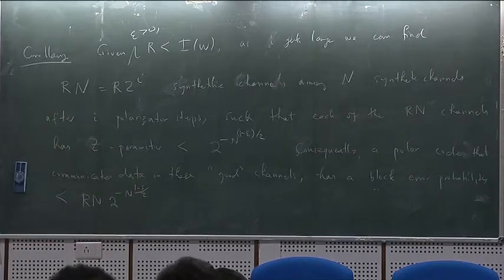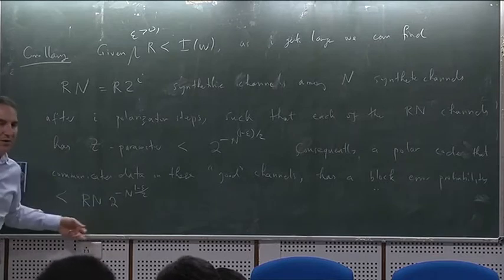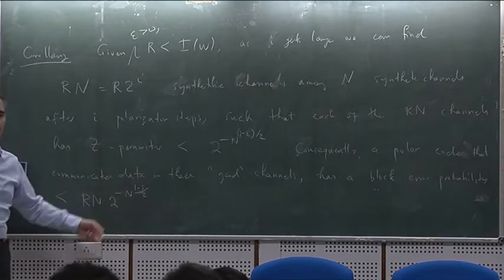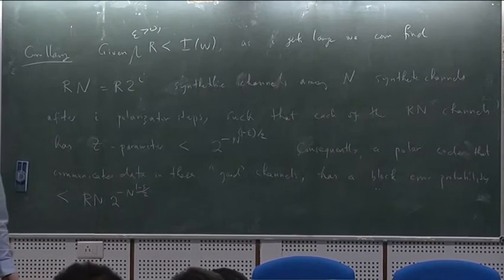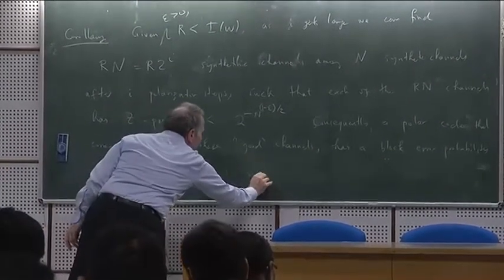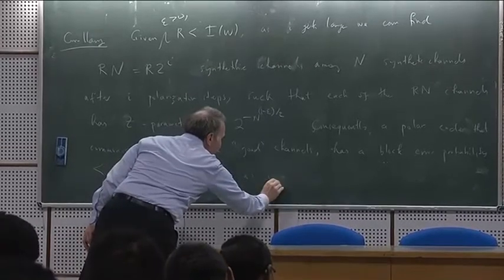So what you see is that this number can be made as small as you desire by picking I big enough. If I is large, n is large. If n is large, n times 2 to the minus square root of n goes to 0. So this number goes to 0 as I gets large.